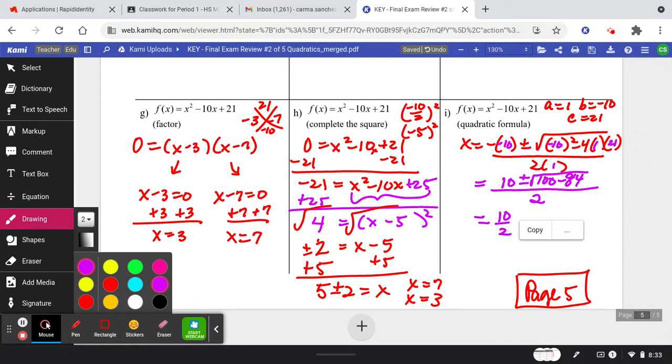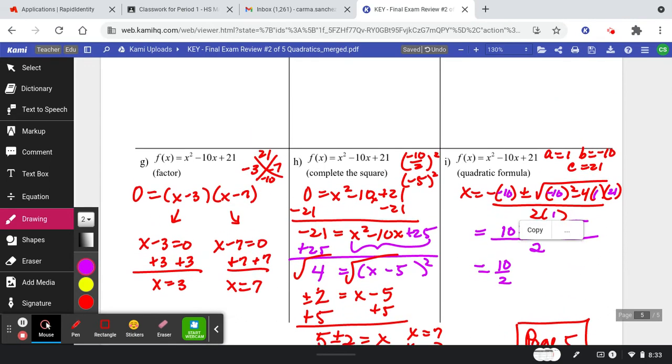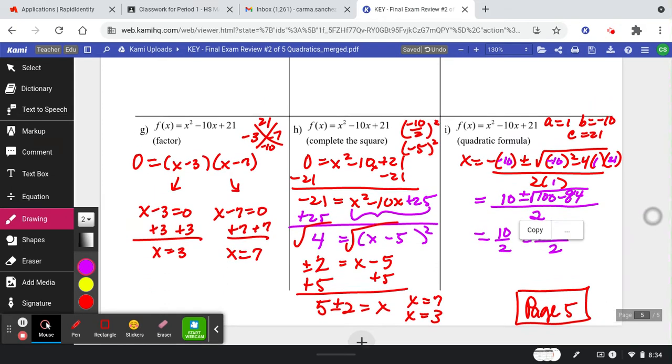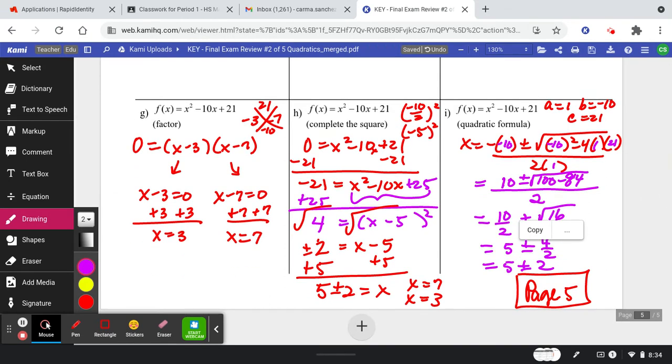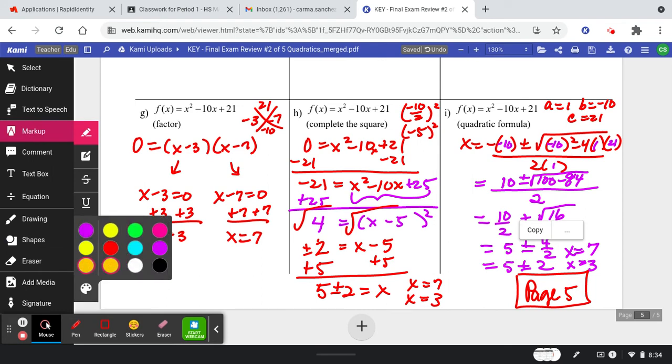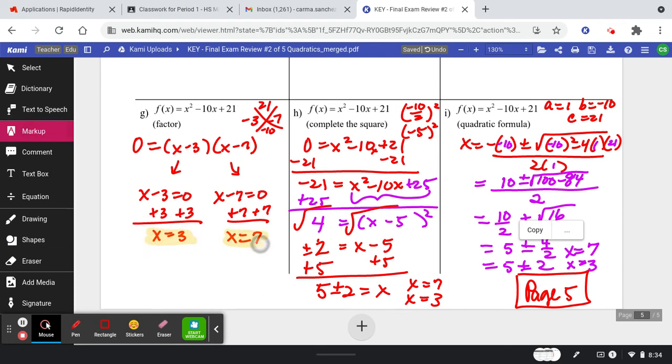So we're going to split this up now. 10 over 2 plus or minus square root of 16 over 2. And so that becomes 5 plus or minus 4 over 2, or 5 plus or minus 2. And so that gives me the 7 and the 3 again as my answers. So you'll notice again that you got all these same answers by doing all three methods.